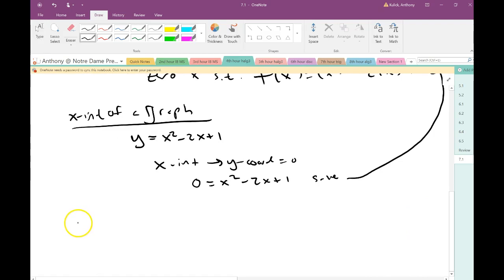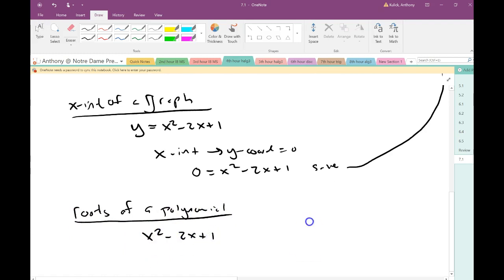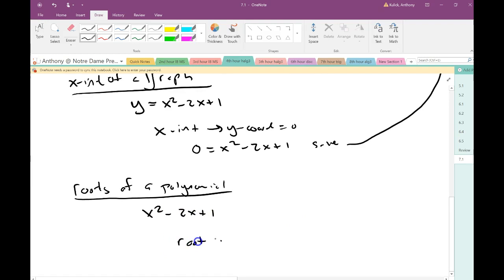And then we have also the term roots of a polynomial. So if I have some polynomial like this, the root is a value of x such that x minus the root is a factor.